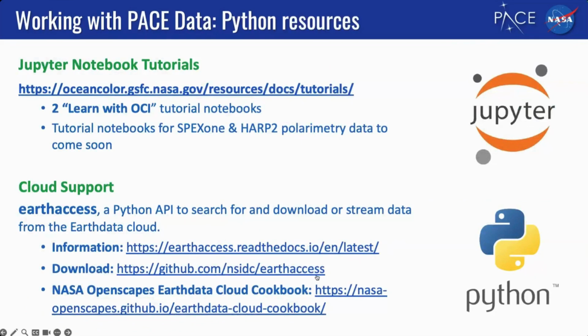You can download Earthaccess. And also, if you're interested in NASA data in the cloud, go check out this NASA Openscapes Earthdata Cloud Cookbook. It has a fantastic wealth of extremely useful and well-presented information on working with Earthdata in the cloud. And we definitely highly recommend it for anyone who's wanting to use the Earthdata Cloud.